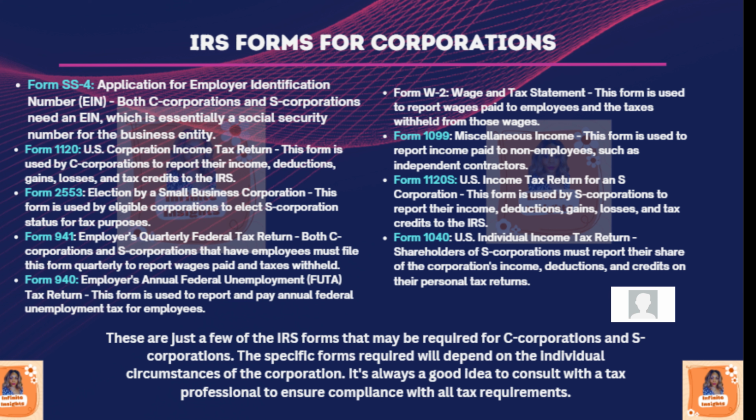The last one is Form 1040. This is the U.S. individual income tax return. Shareholders of S corporations must report their share of the corporation's income, deductions, and credits on their personal tax return.